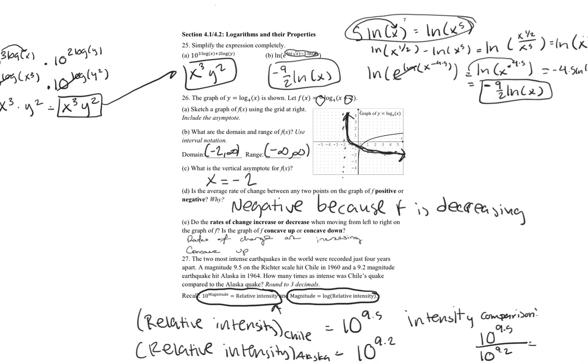If we evaluate that, we get 1.995. So then we can say Chile's quake was 1.995 times as intense as Alaska's.